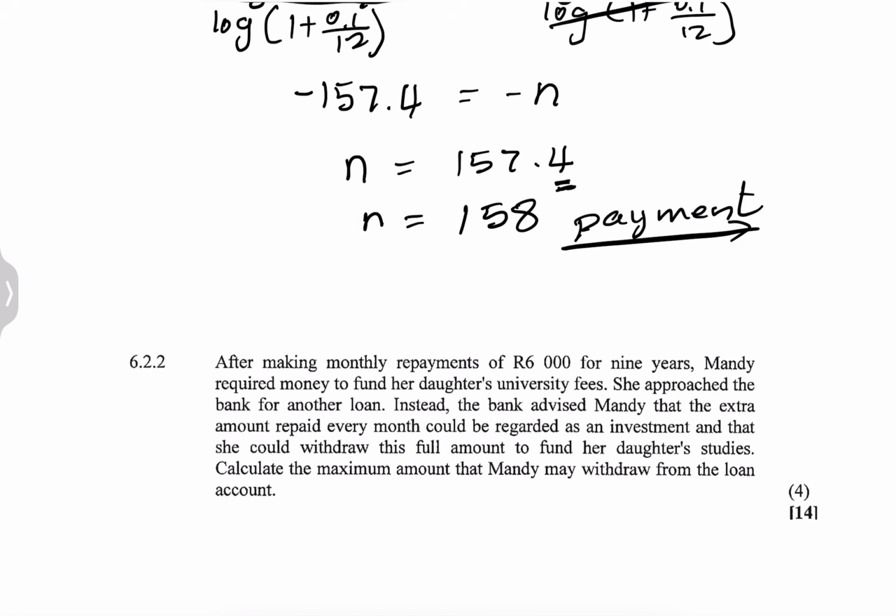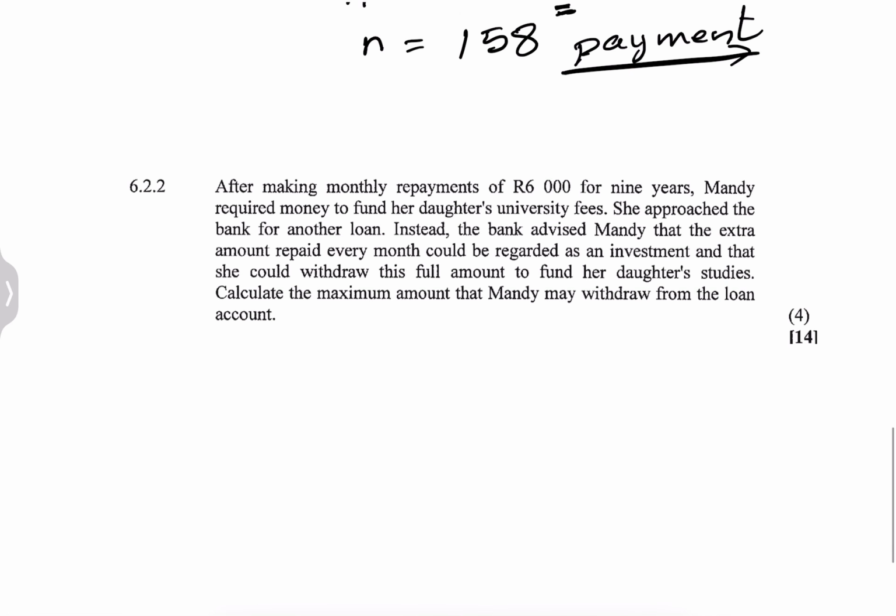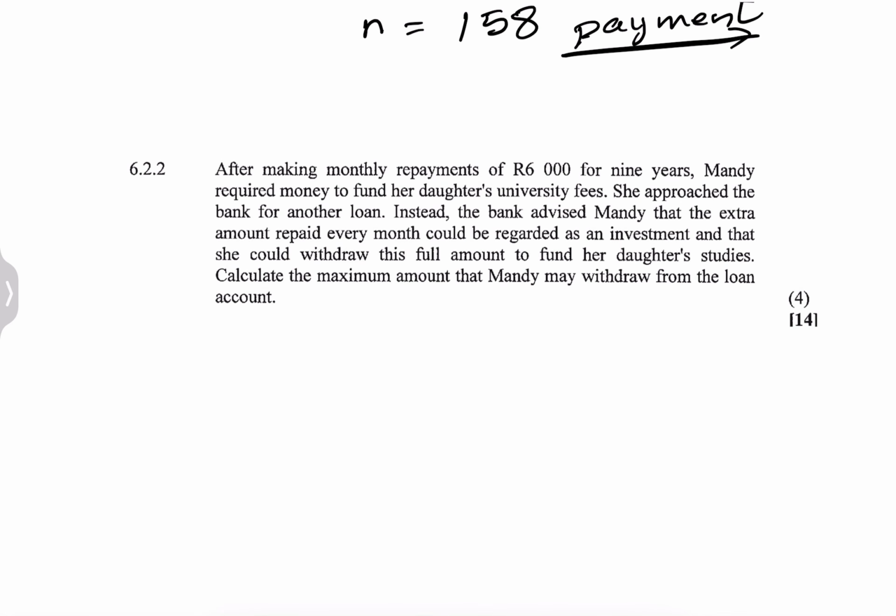Now, the last portion of it. They say after making monthly repayments of 6,000 for 9 months, Mandy required money to fund her daughter's university fees.